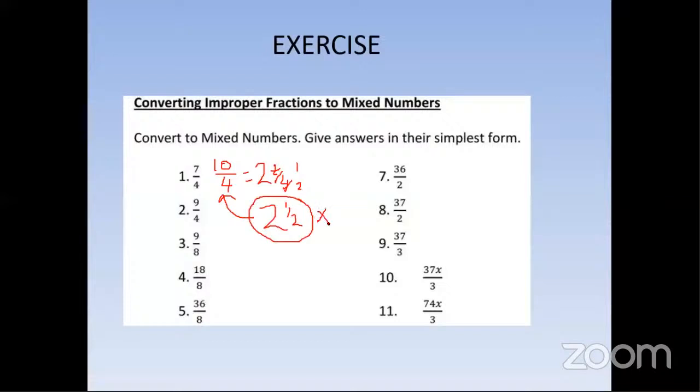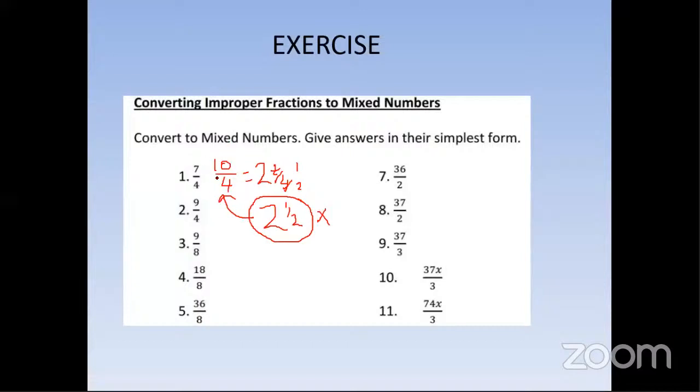This one is now wrong when you reduce. So do not reduce your values. Even if they are divisible, do not change them, leave them as they are, because if you reduce, you are going to come up with something else. We are going to come to our next chapter of converting from mixed back to improper. But when you convert this one back, it cannot give you this one here.